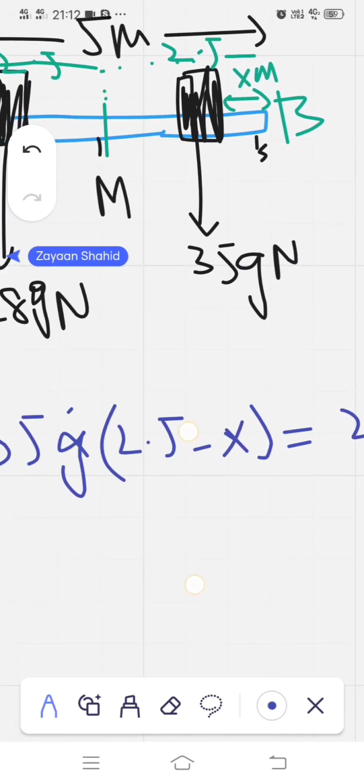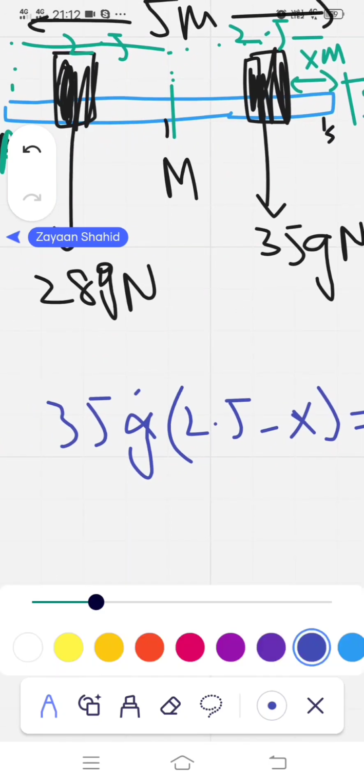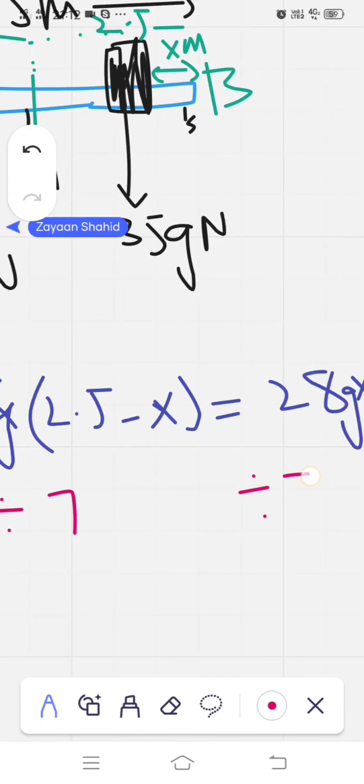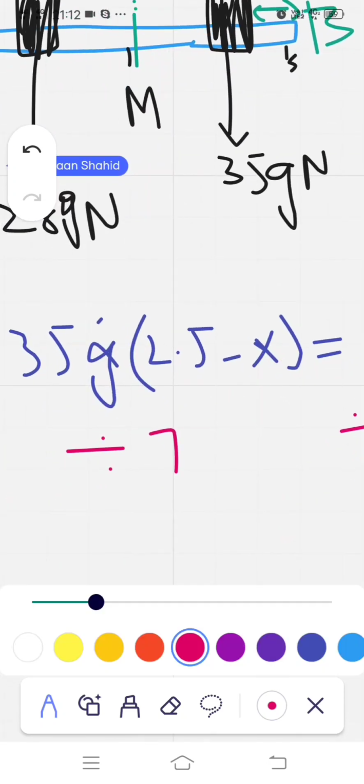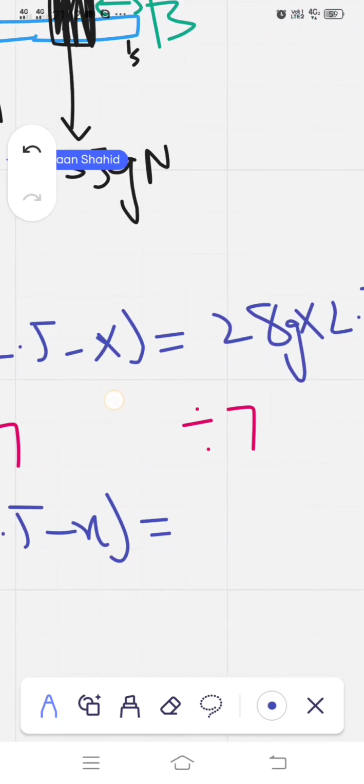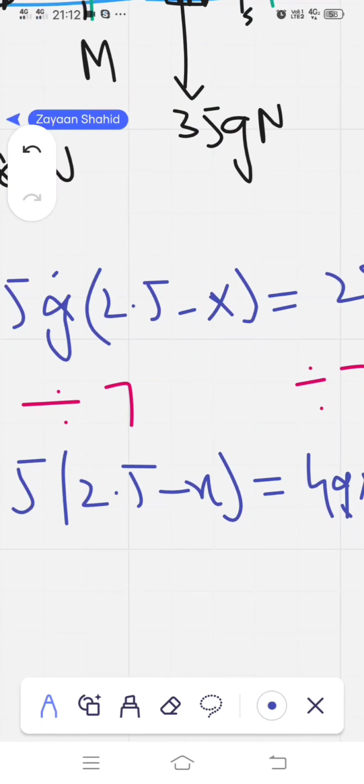So when we divide, we can divide by 7 both sides, then it is 5 times 2.5 minus x is equal to 28 divided by 7, that is 4, multiplied by 2.5, and G on both sides cancel each other. Now we can solve for x.